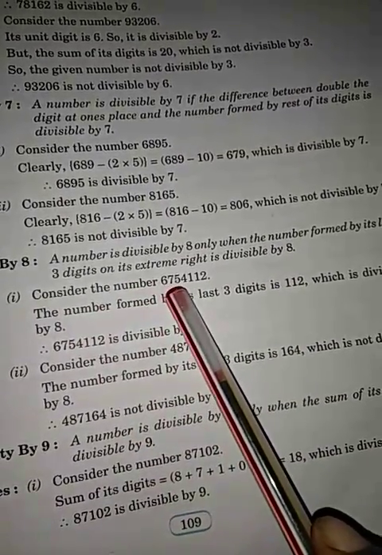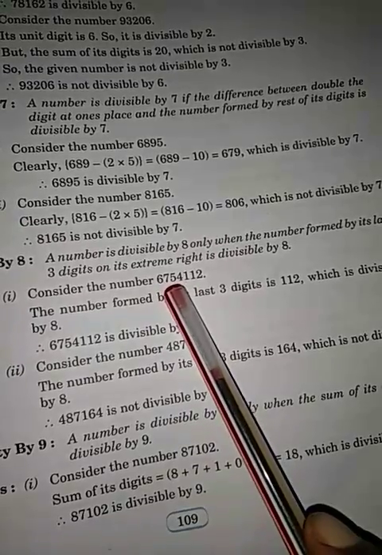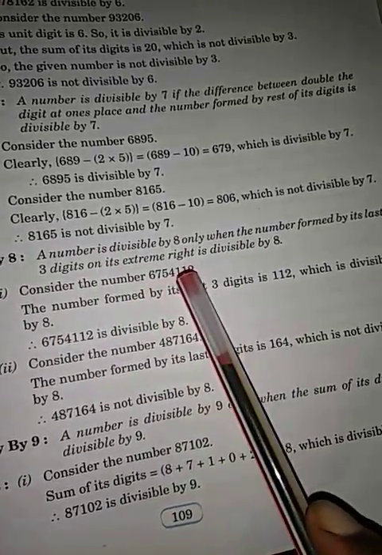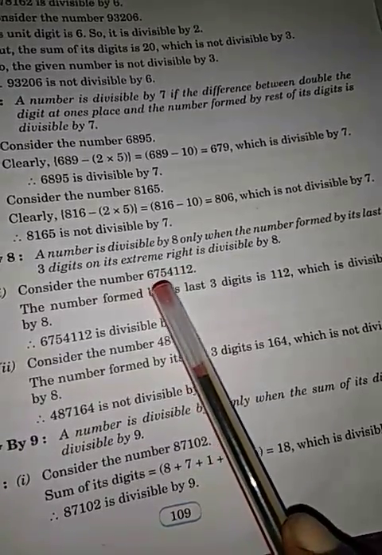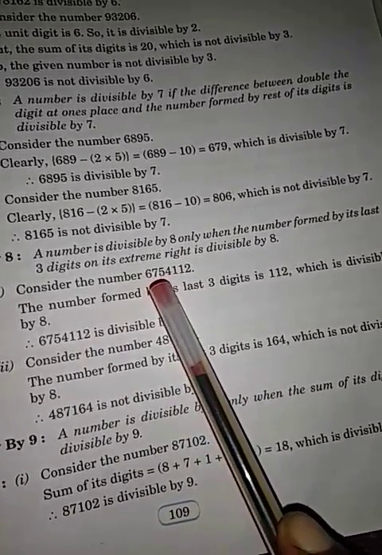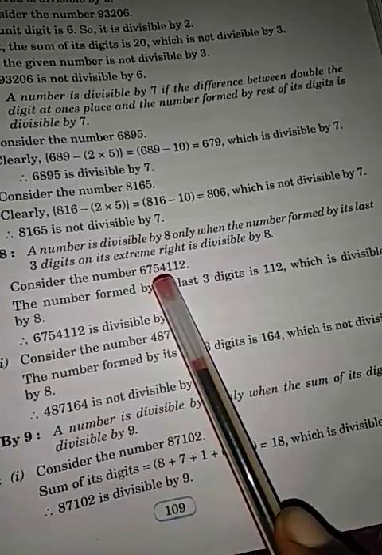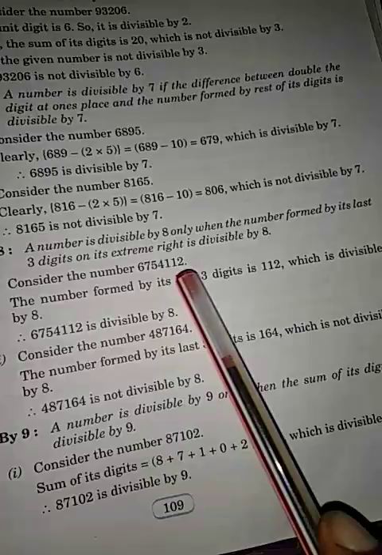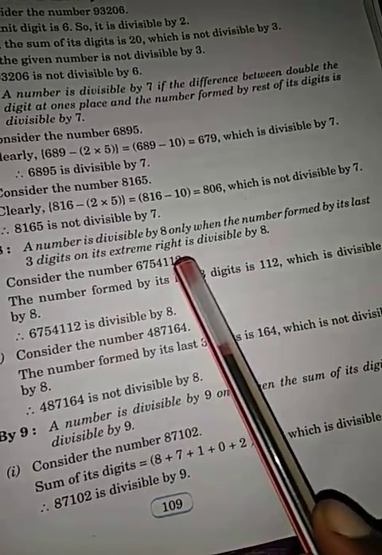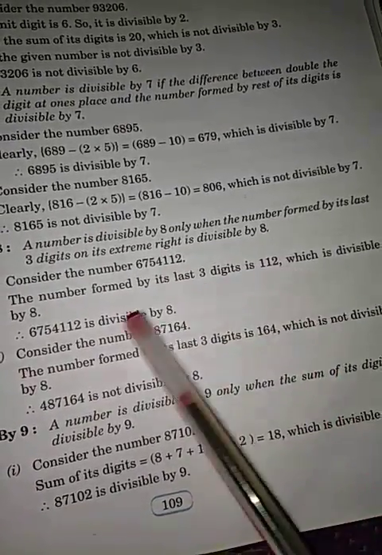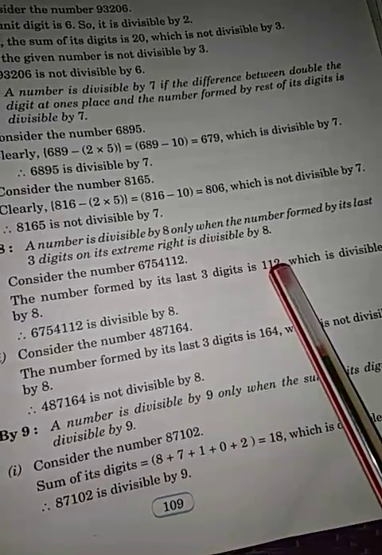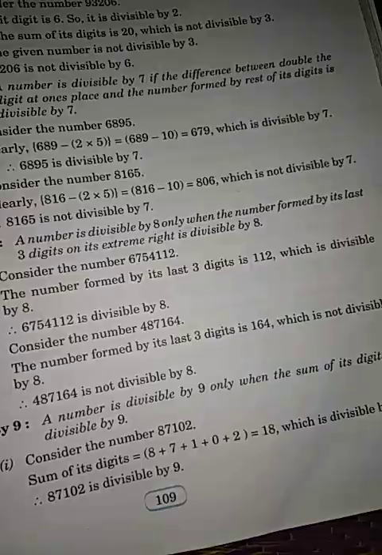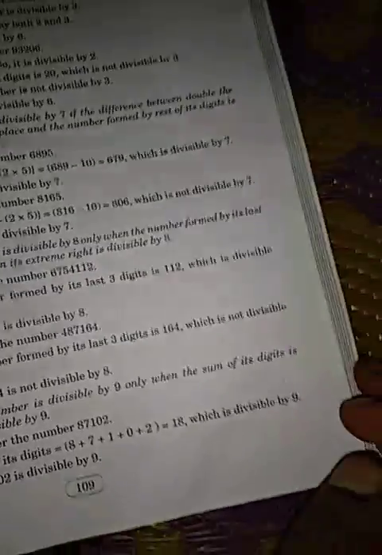Consider the number 67,54,112. The number formed by its last 3 digits, that is ones, tens and hundreds, is 112, which is divisible by 8. 112 is divisible by 8. So 67,54,112 is divisible by 8.